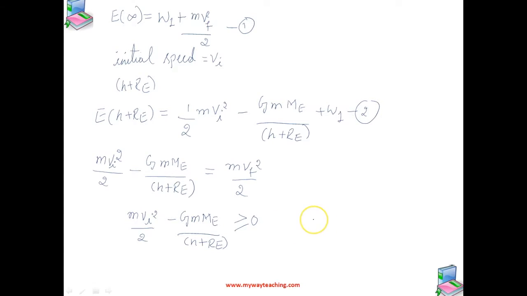The minimum value of that initial speed corresponds to the case when LHS of this equation 3 equals 0. That will be the minimum value of vi.